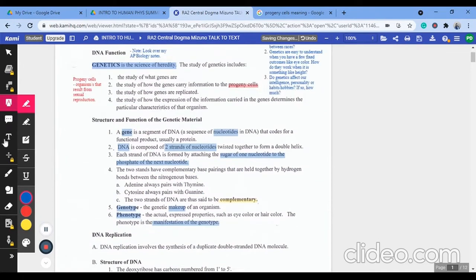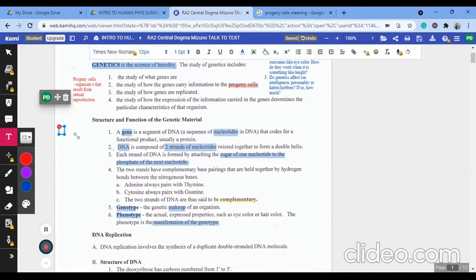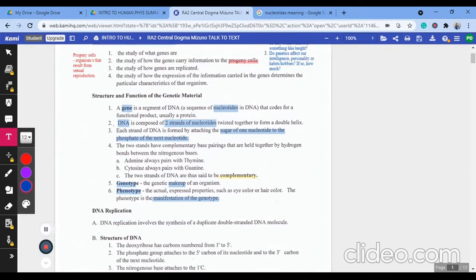Okay, let's annotate the first part of this text as well. We all know what a gene is. It says here it is a segment of DNA, and a gene is composed of a sequence of nucleotides. But what are nucleotides?